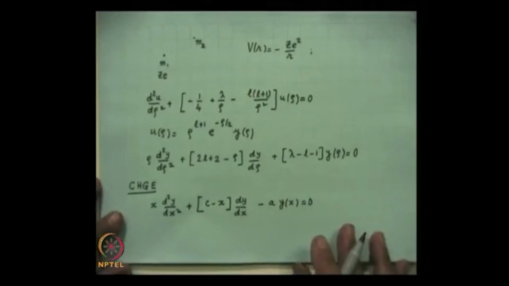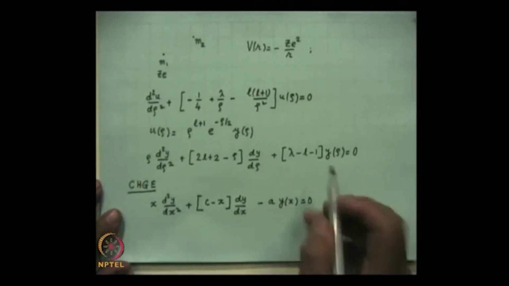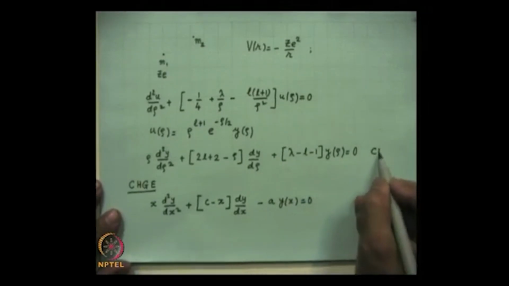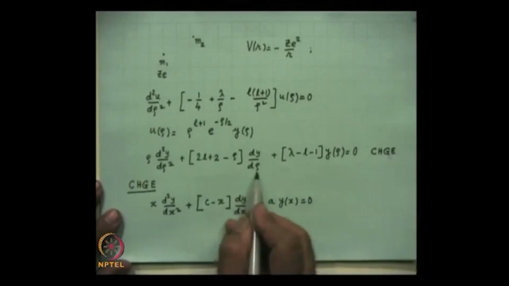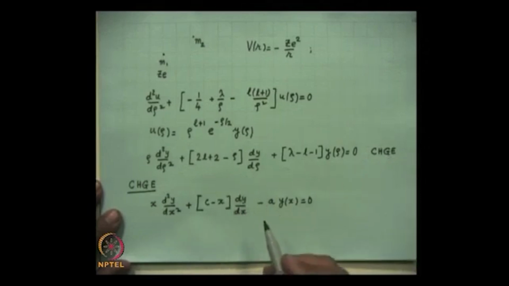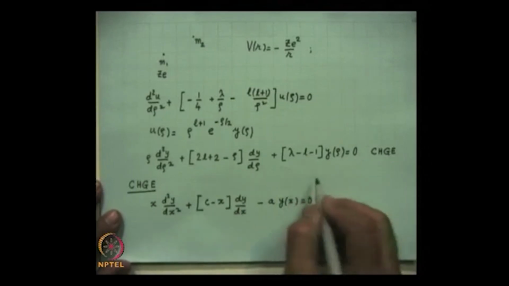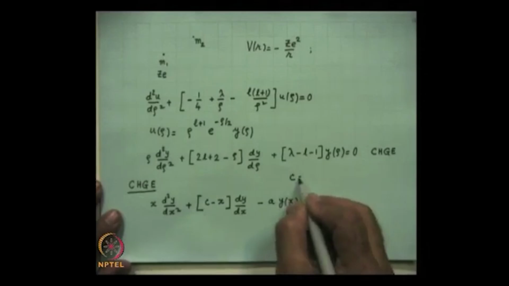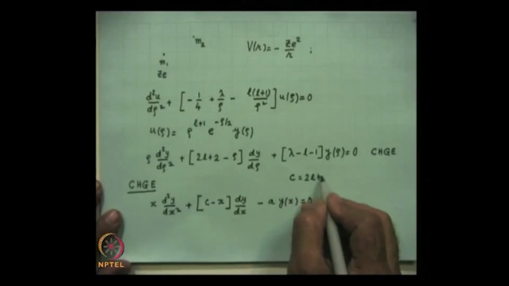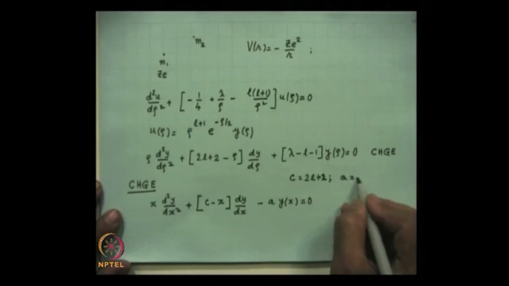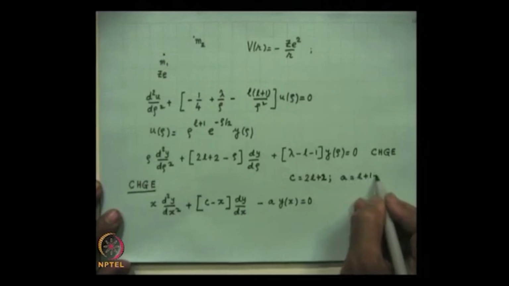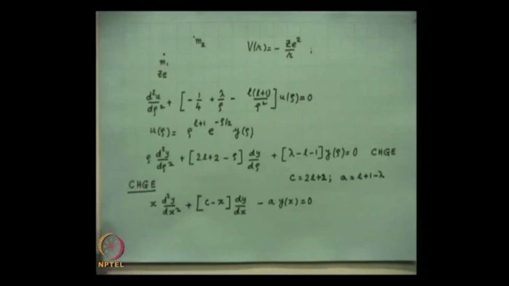So, this tells us that this equation is also a confluent hypergeometric equation. Of course, the independent variable is rho now, but c is equal to 2L plus 2, and a is equal to L plus 1 minus lambda.